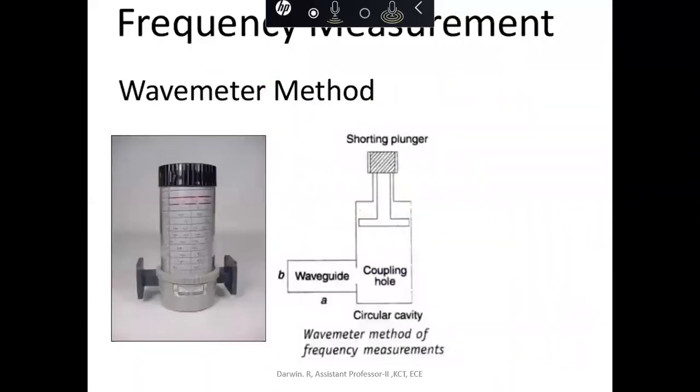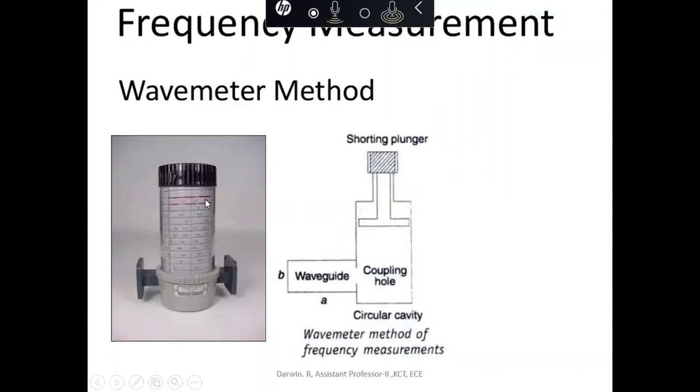wave meter method. You may have seen the frequency meter like this in your laboratory experiments, which we will be using most commonly for finding the frequency. This is the wave meter, and the cross section will look like this. It will have a short circuit plunger inside that cavity, and the waveguide is connected to that cavity through a small wire.